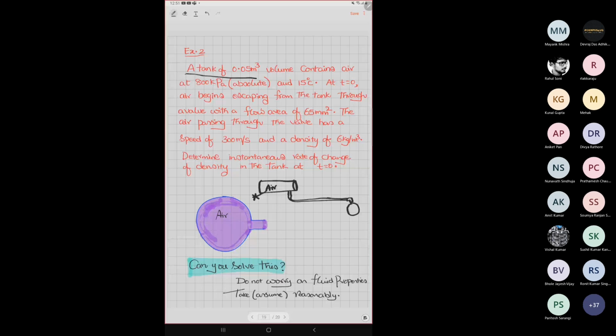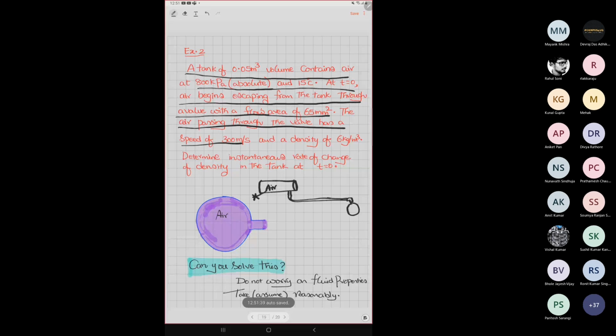A tank of 0.05 meter cube volume contains air at 800 kilopascals and 15 degrees Celsius. At time t is equal to 0, air begins escaping from the tank through a wall with a flow area of 65 millimeters square. The air passing through the wall has a speed of 300 meter per second. It gushes. When you press that pin, it gushes with such high speeds like 300 meter per second.